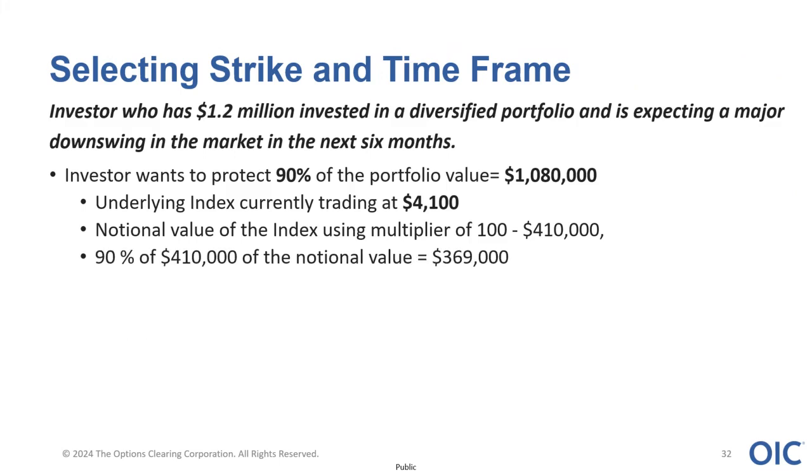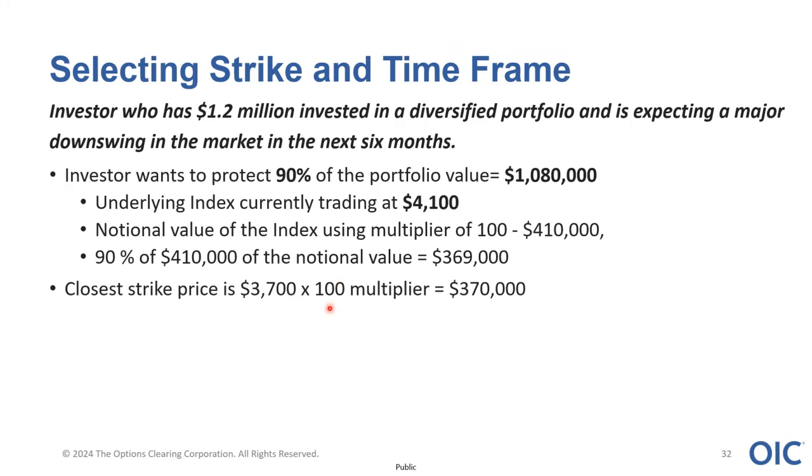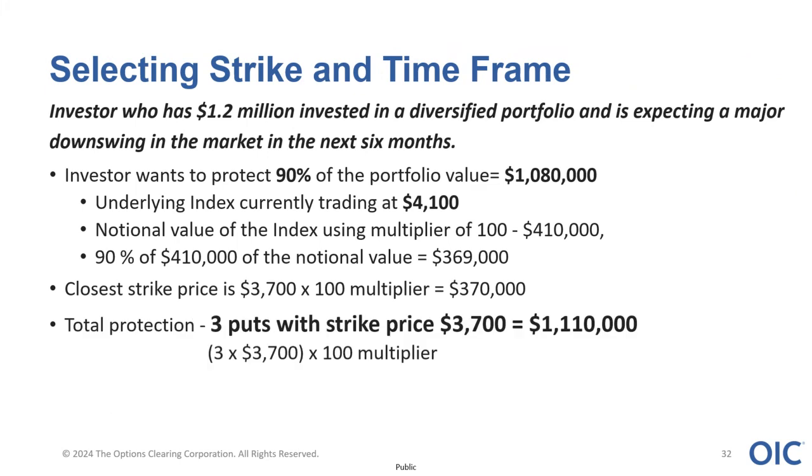Then, if you wanted to protect 90% of your portfolio value, you could say 90% of the $410,000 notional value would be $369,000. You could look for a close strike price to that. You might find the 3,700s. 3,700 puts would get you to $370,000 of notional value if you use that 100 multiplier to get to notional value.